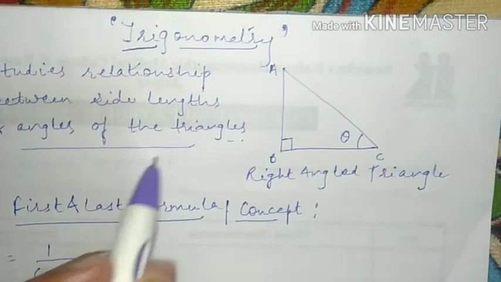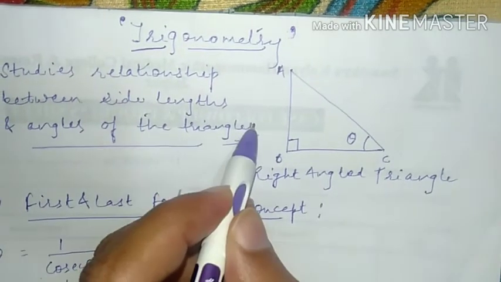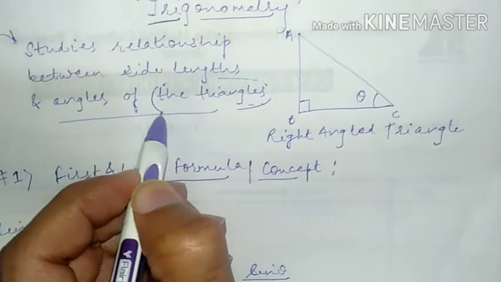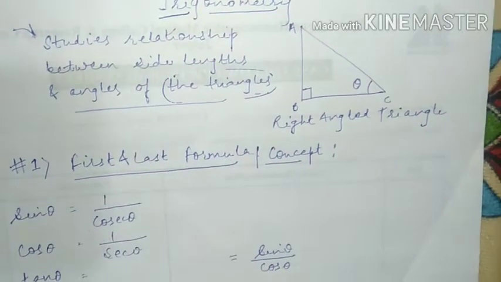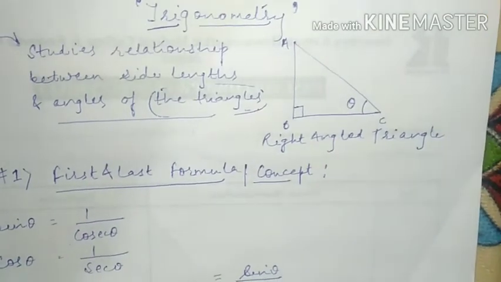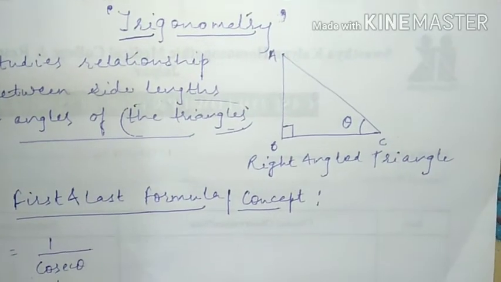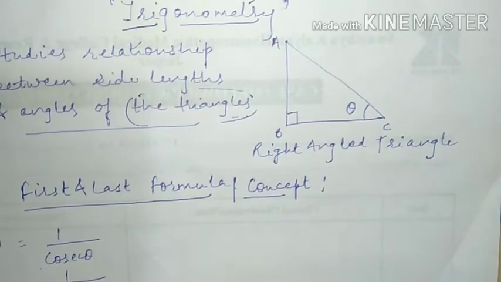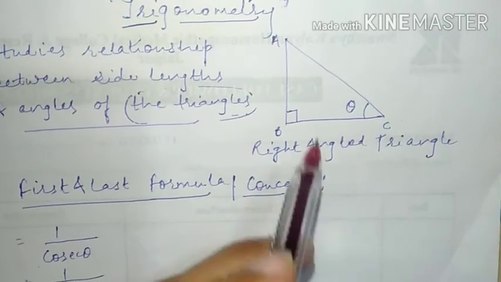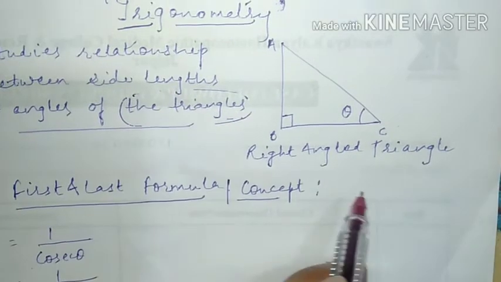So what kind of triangles are we going to study in this chapter or unit? Basically this trigonometry always revolves around the right angle triangle, right?